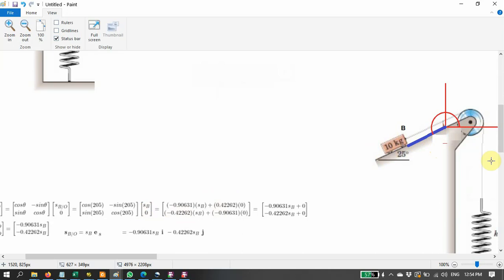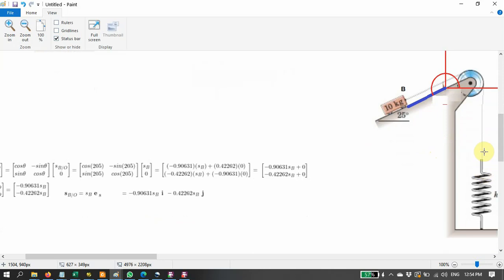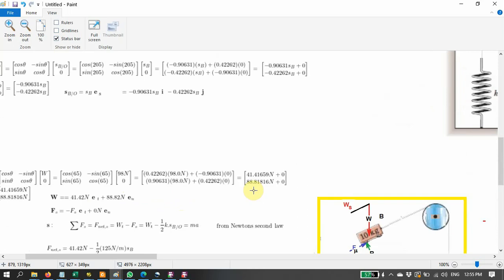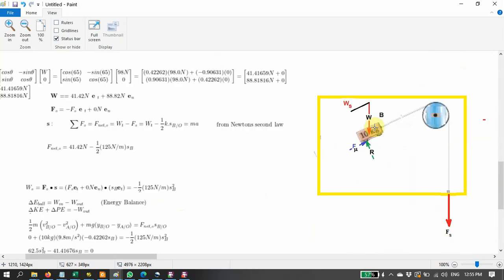Similarly, the string will also travel sB, stretching up to sB in length. So from here we get the position along the s coordinate system is sB, and in i and j it is minus 0.906 and 0.422 sB. And this is the active force diagram.